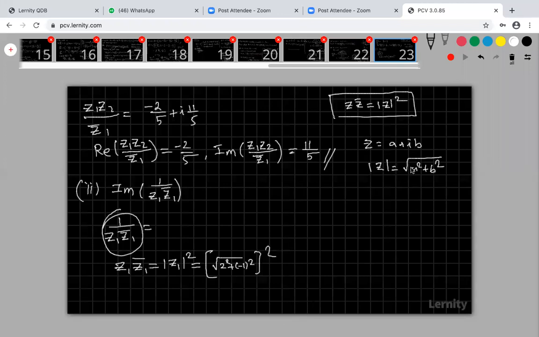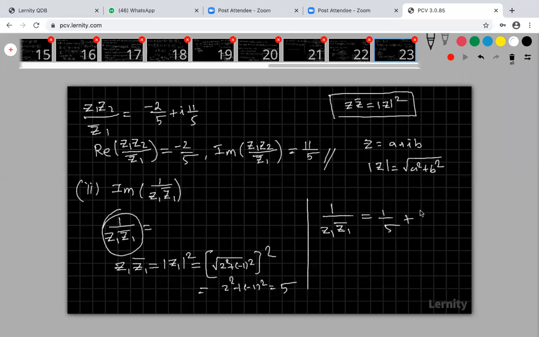This formula we have already proved. So here root and square will get cancelled. I will get 2 square plus 1 square, which is nothing but 5. This is Z1 into Z1 bar. But I need 1 by Z1 into Z1 bar, so therefore this is 1 by 5.